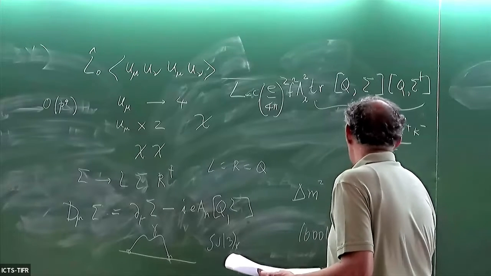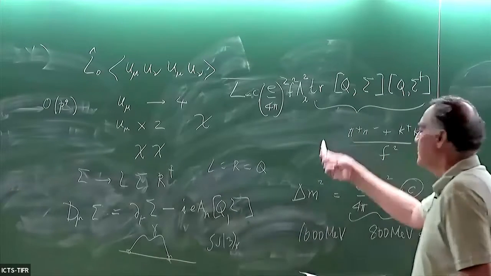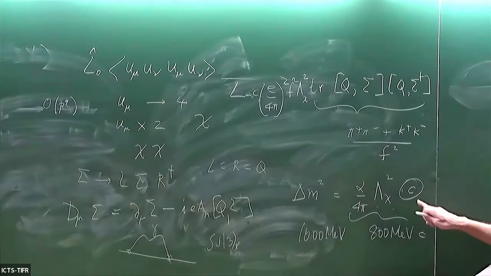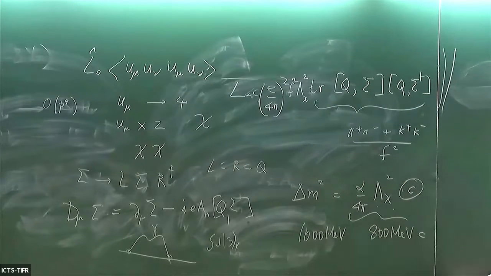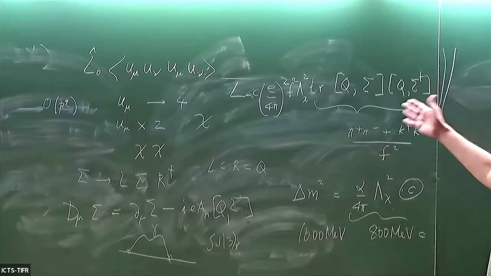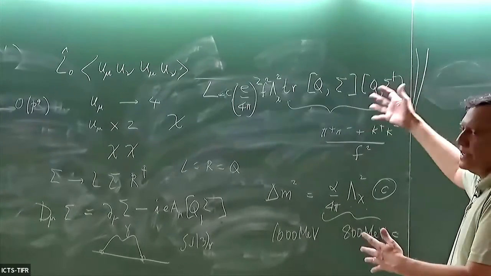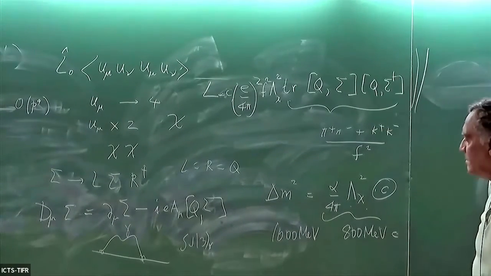So again, we see that this naive dimensional analysis counting works reasonably well. You have a coefficient of order 1. But this is the term which gives you the mass splitting, the electromagnetic contribution to the pi plus and K plus masses. And then you can systematically go to higher order, put in more m's, more q's, whatever, and people have done that.